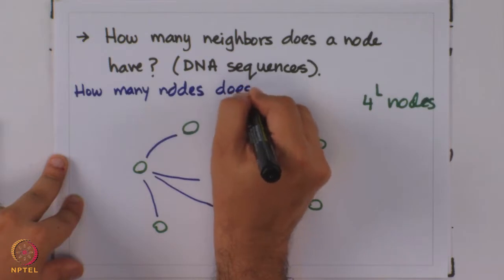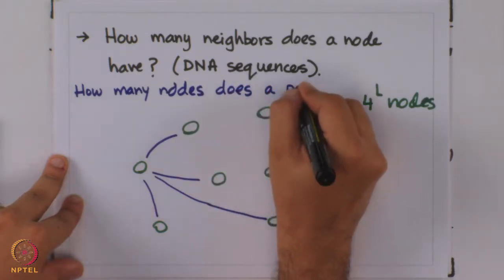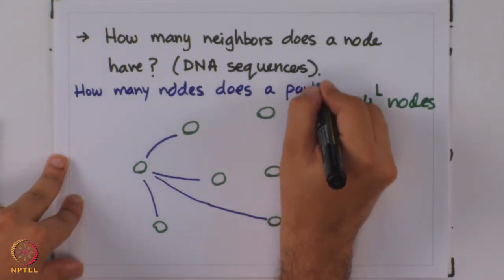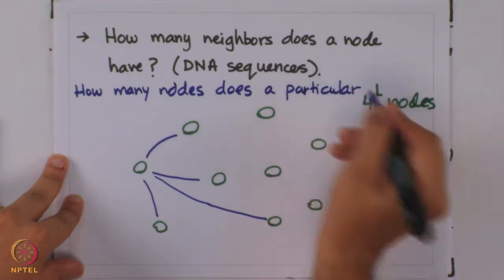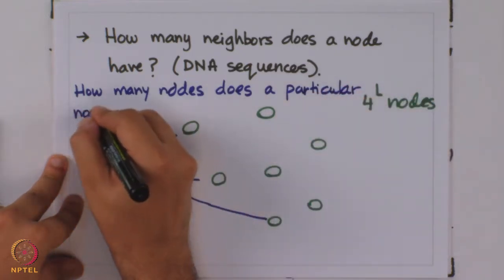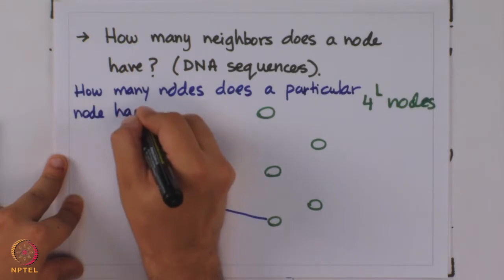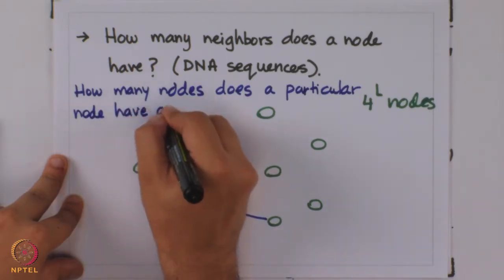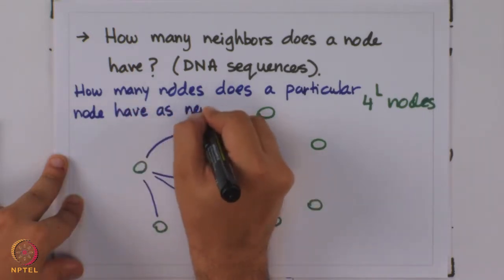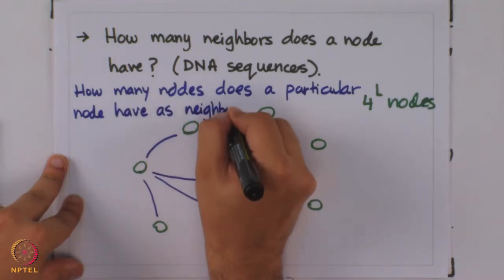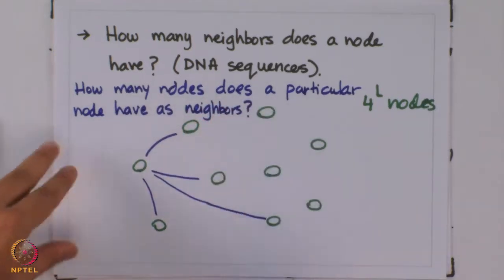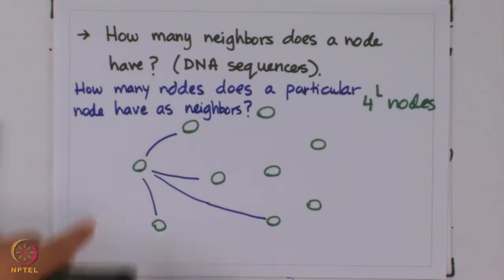does a particular node have as neighbors? And remember the rule that I and J are connected if they only differ at one nucleotide position.